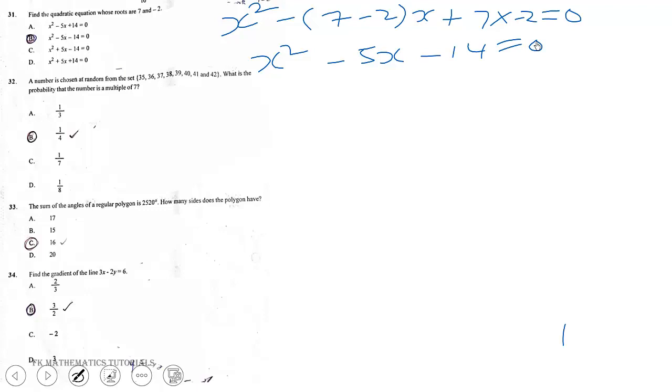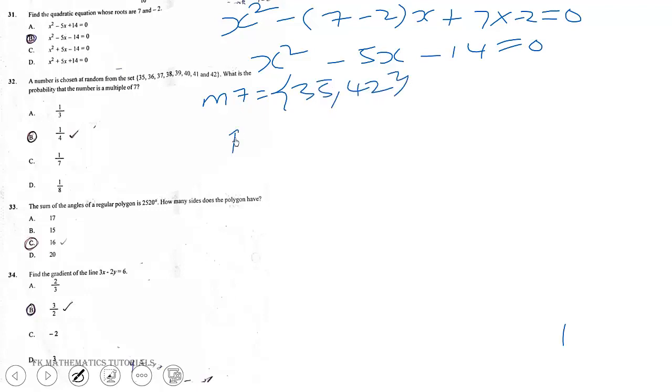A number is chosen at random from the set 35, 36, 37, 38, 39, 40, 41, and 42. What is the probability that the number is a multiple of 7? So multiples of 7 are 35 and 42.